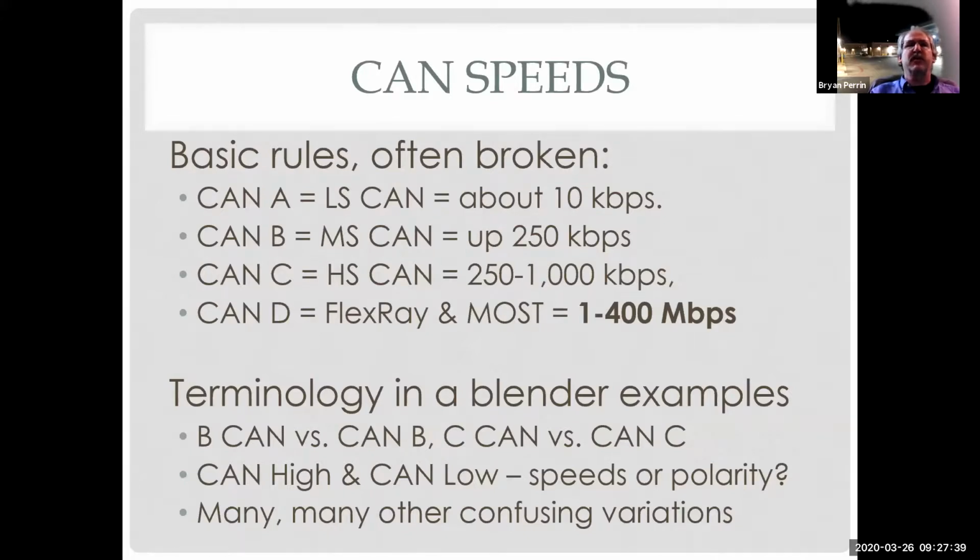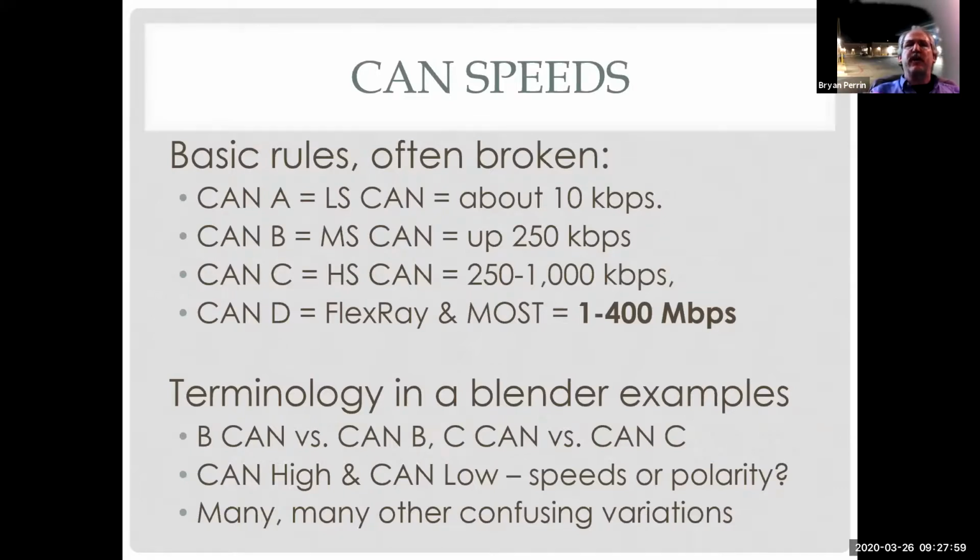Terminology gets a little confusing. For example, are we talking about CAN or CAN B, or B CAN or CAN C? We can mix and match how we see these things. Are we meaning the same thing? So sometimes I need to read the description and operation the manufacturer provides.